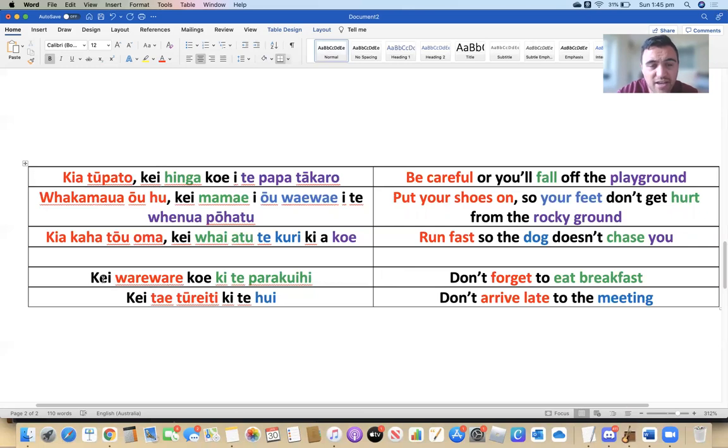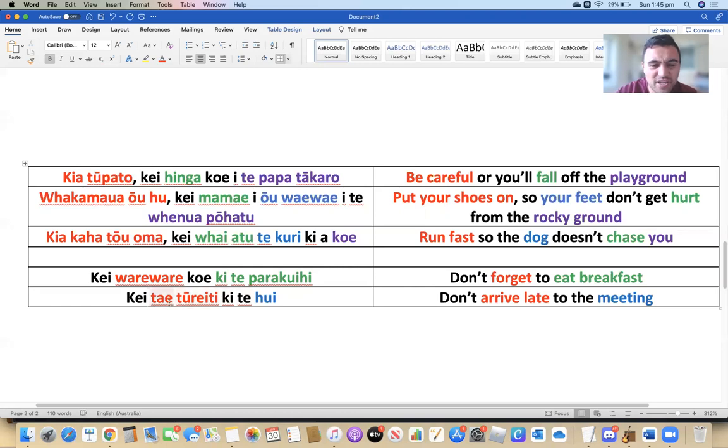We've got kei, and then it's followed by a verb. So in this example, kei warewaretia koe, ware meaning to forget, ki te parakuihi. Don't forget to eat breakfast. So you think of that in the context of your life, it might be something that you say as you run out the door, if some of your whānau are still at home when you're leaving in the morning. Kei tae tū reiti ki te hui.